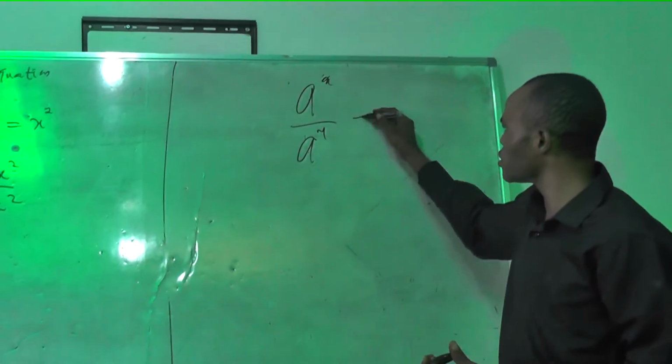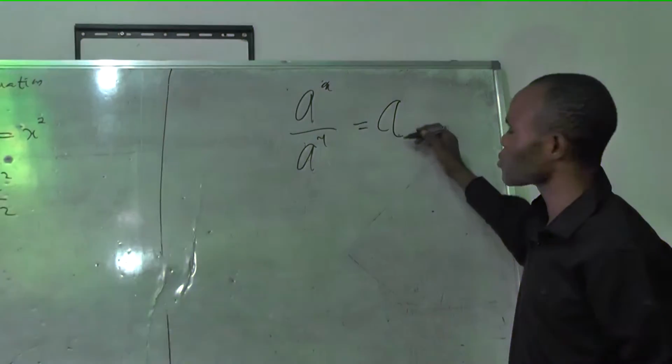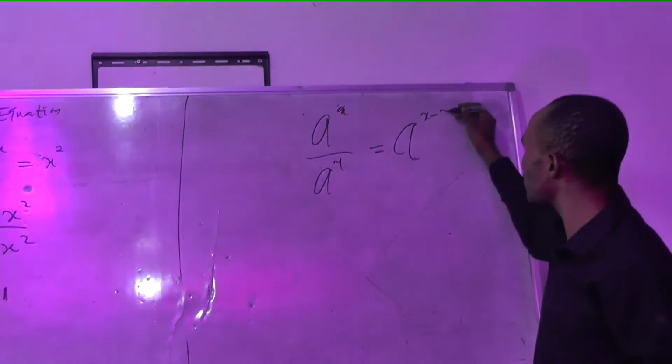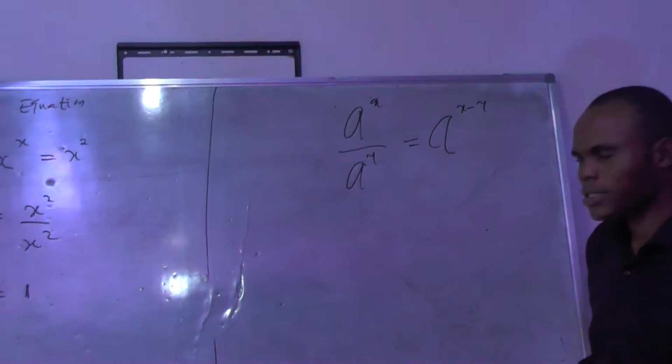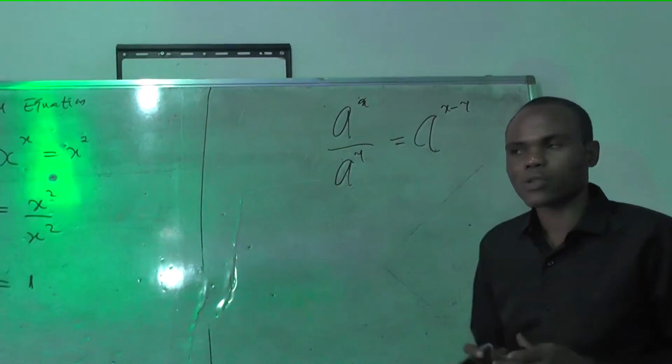According to the law of indices, this will be written as a to the power of x minus y. This is one of the laws of indices that you need to familiarize yourself with.